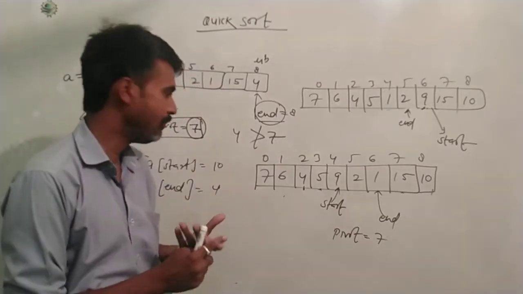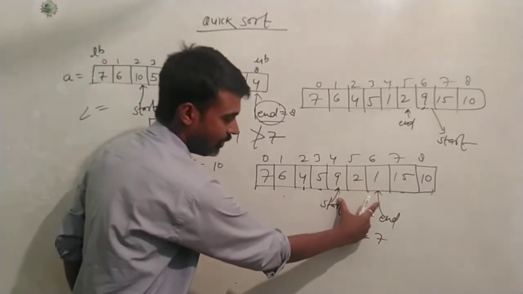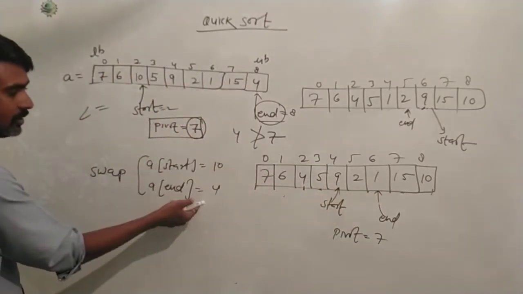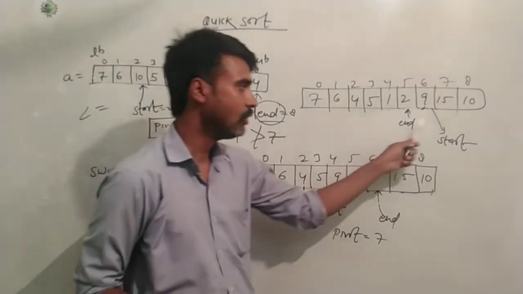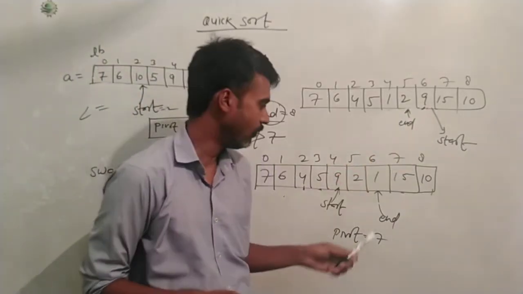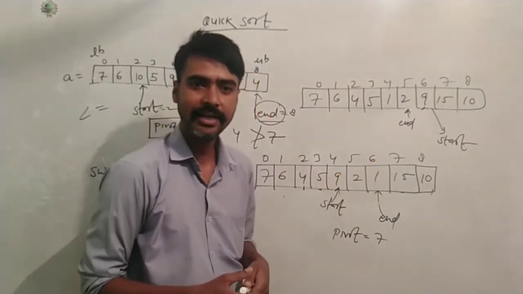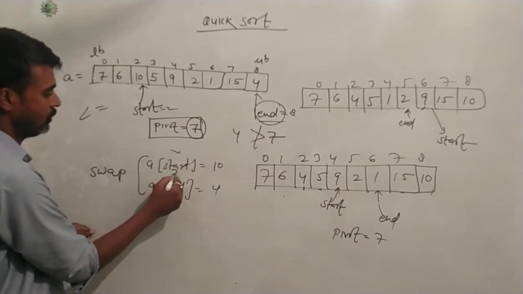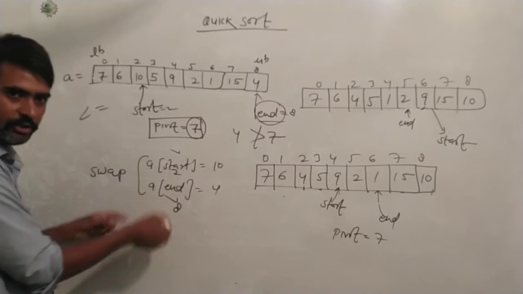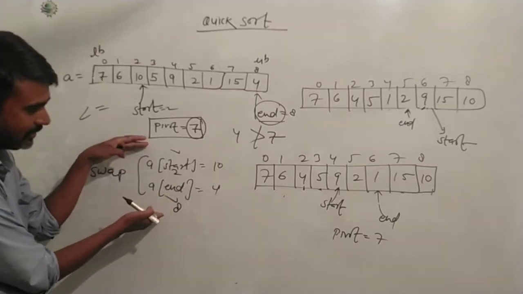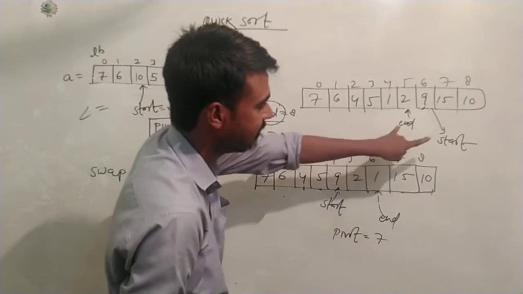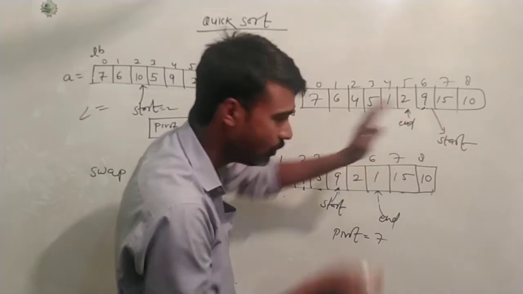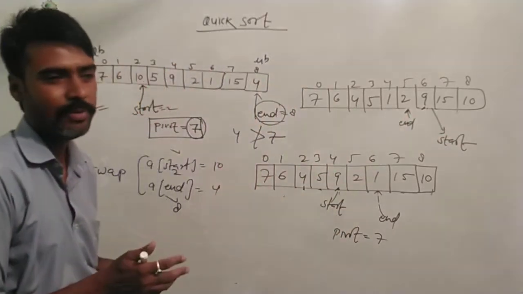We have swapped values of start and end earlier, where value of start was less than end. But this time value of start is not less than end. So we will not swap these two values.